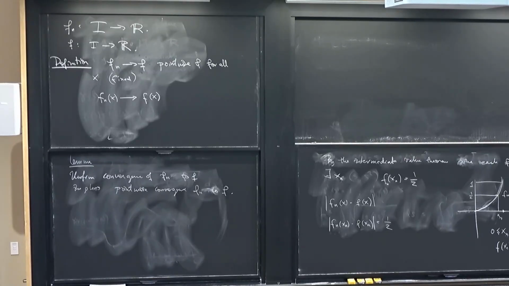Right? If it was converging uniformly, then in particular for this one choice of epsilon, you would have this for all x. But we already know that if you insert x equal to xn, then this is actually equal to a half. Right? So this here does not hold. This is the contradiction. Okay?